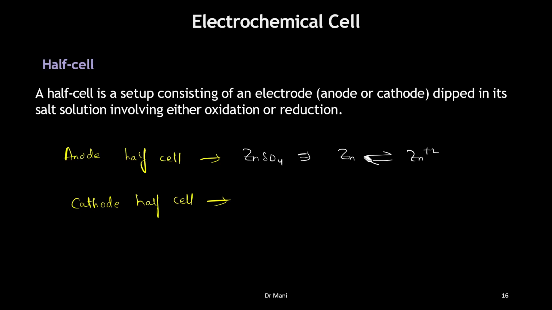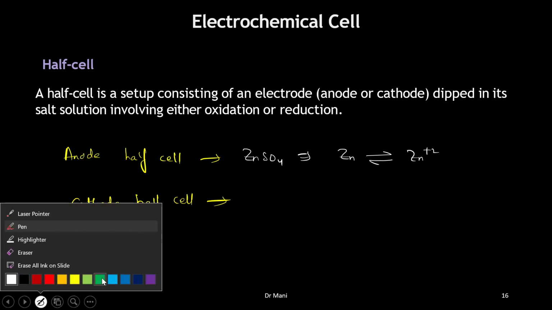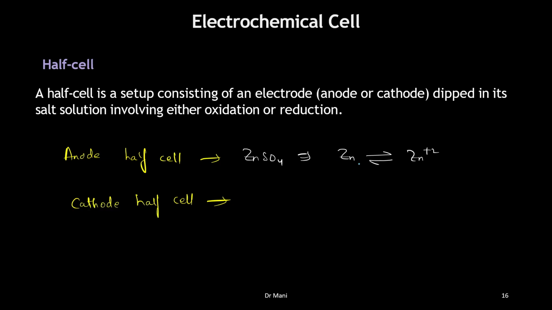Banu, tell me, is Zn solid or is Zn2+ solid? Zn, sir. Yes. Ions can only form when they dissolve in water, in solution. So Zn is solid, Zn2+ is aqueous, plus 2e minus.